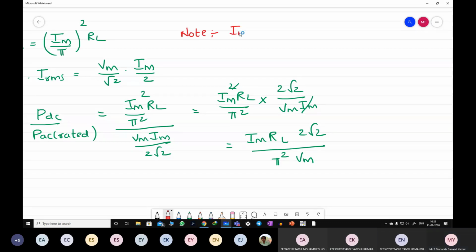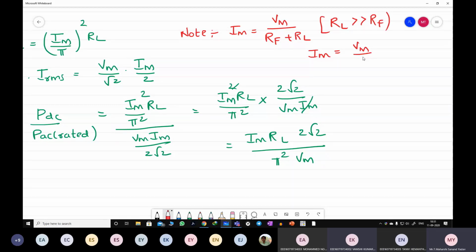Im is Vm by RF plus RL. Condition: RL is greater than RF. So that Im will be Vm by RL or RF? RL, because RF is very small, so I'm neglecting it.